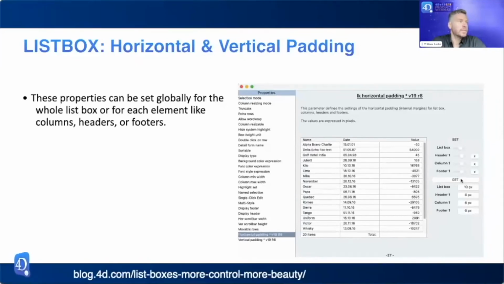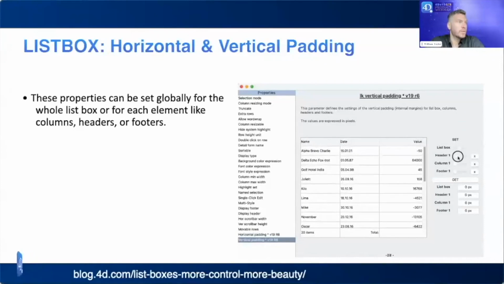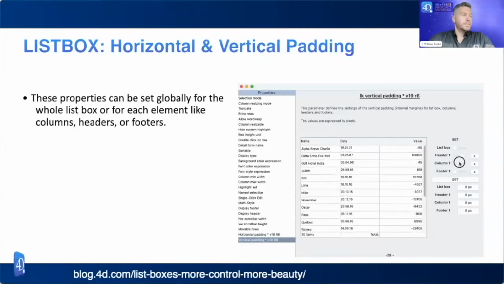And you can get the pixels that you added as padding, and the same for the vertical padding, the header, columns. So it's a very cool feature. And I know Ad has been waiting for this feature for a long time, and he's really happy to be able to use it to add the padding.